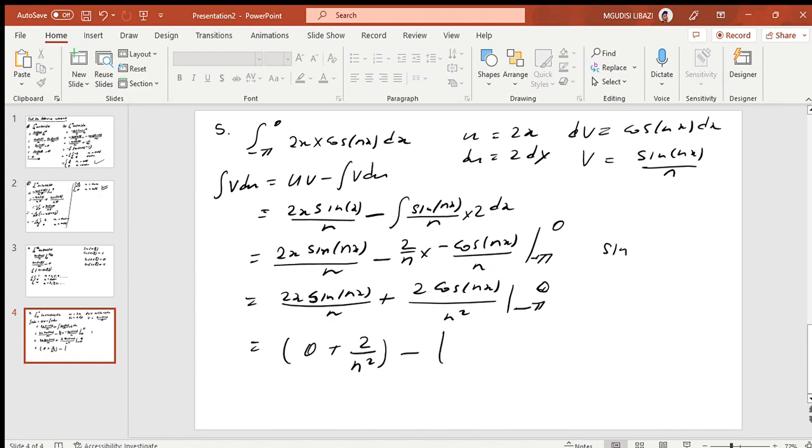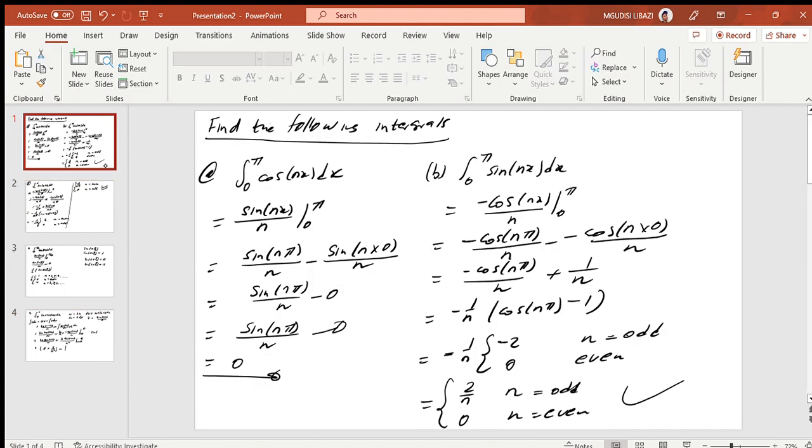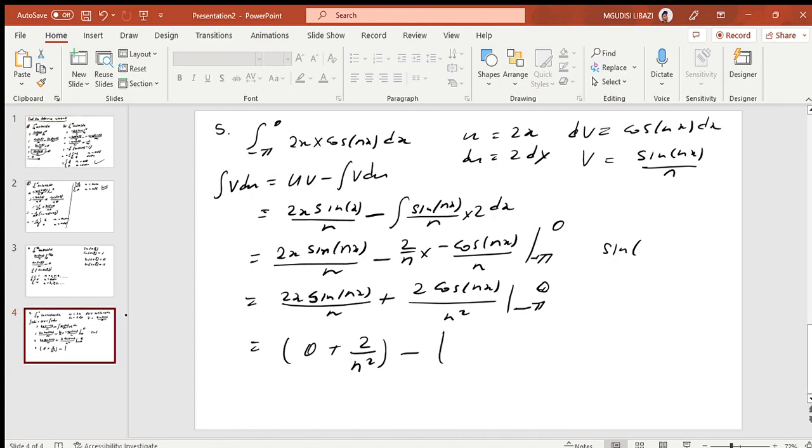Remember now, according to the first problem, we found that when we have sine of pi times n, we get 0. That means here the first term will give us 0. That's going to be 0 plus, and now we proved that we have n multiplied by pi.